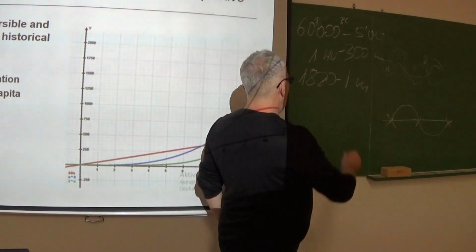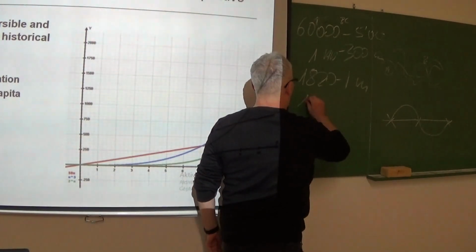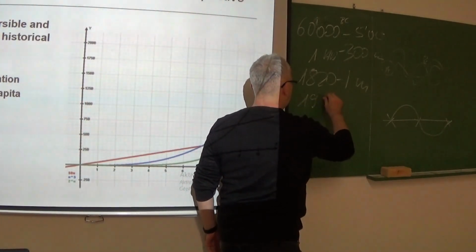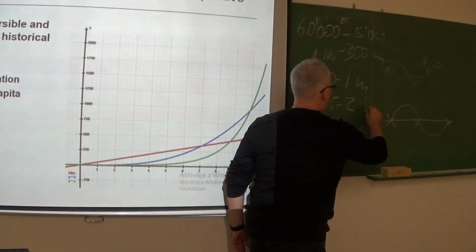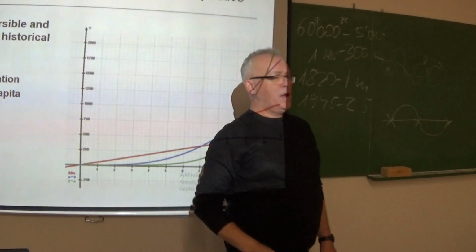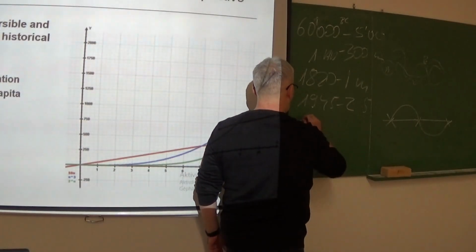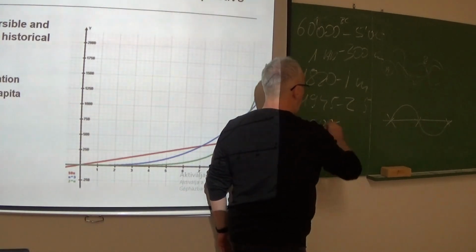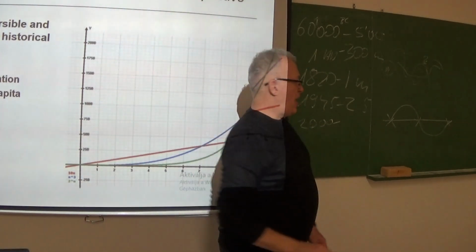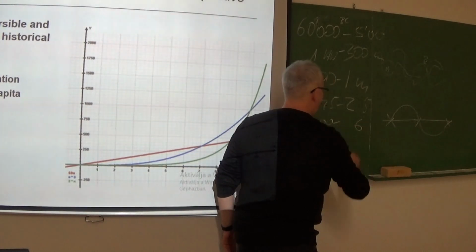The closing year of the Second World War, estimate 2.5 billion, and 2000, at the end of the second millennium, is estimated at 6 billion.